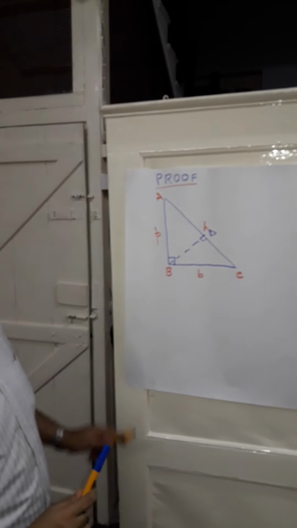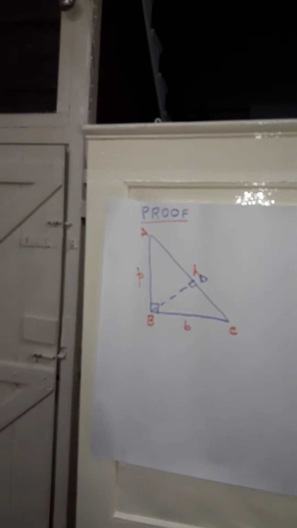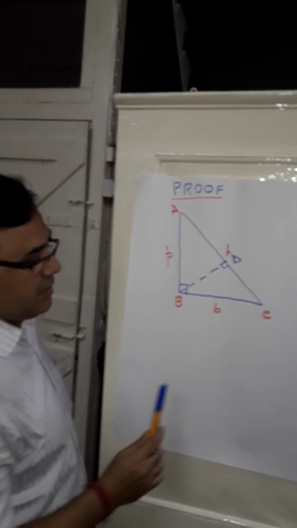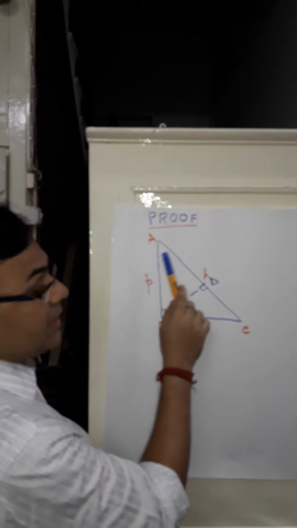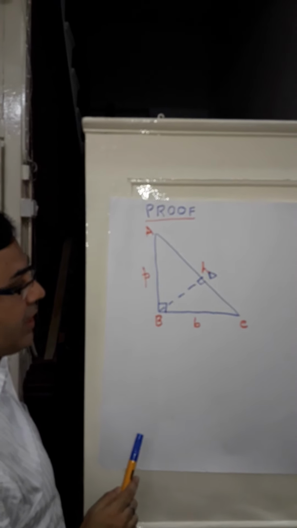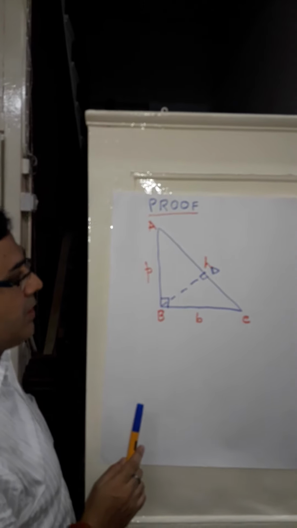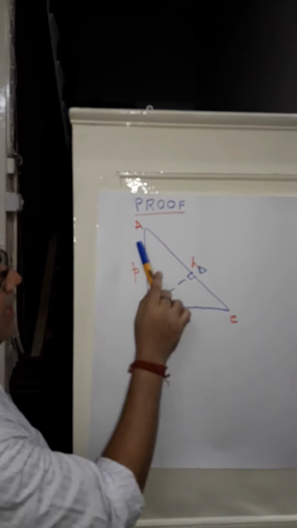Now let us consider the big triangle ABC and the small triangle ABD. As you can see, both the triangles are right angled. Angle B and angle D are right angles. Angle A is common to both the triangles. Hence, the remaining angles are also equal, which means that angle C is equal to angle ABD.